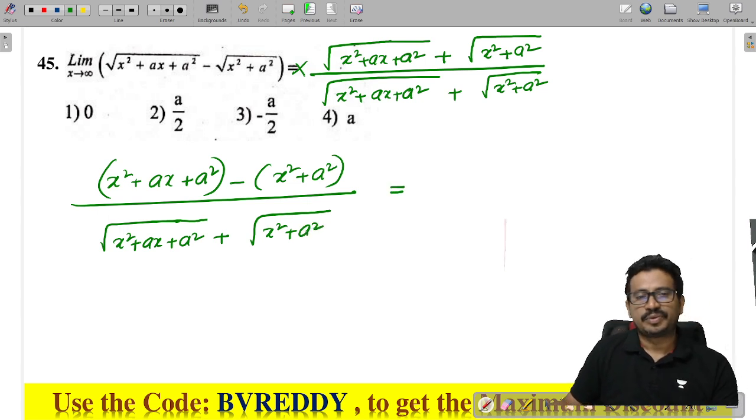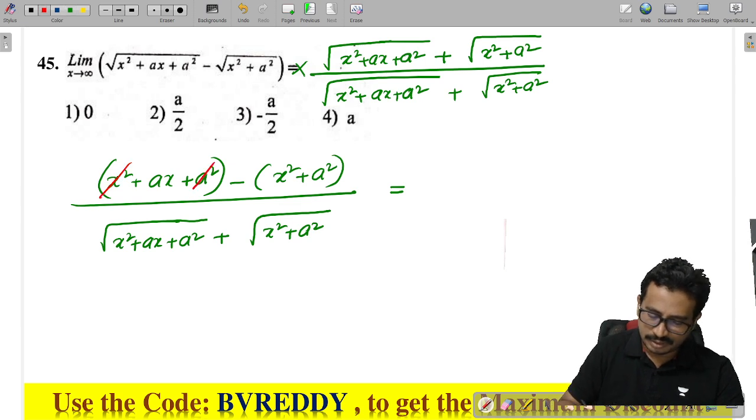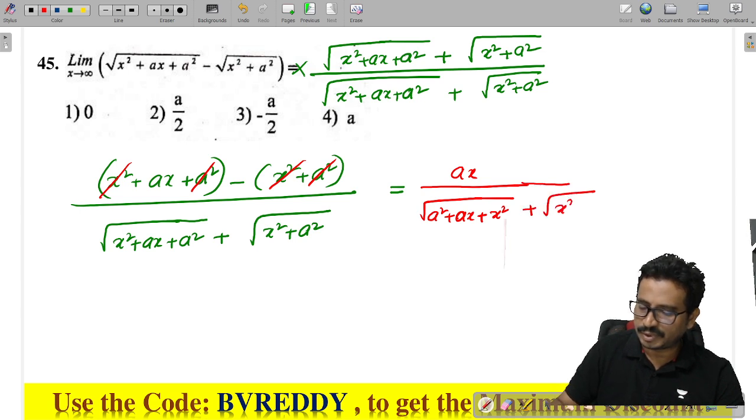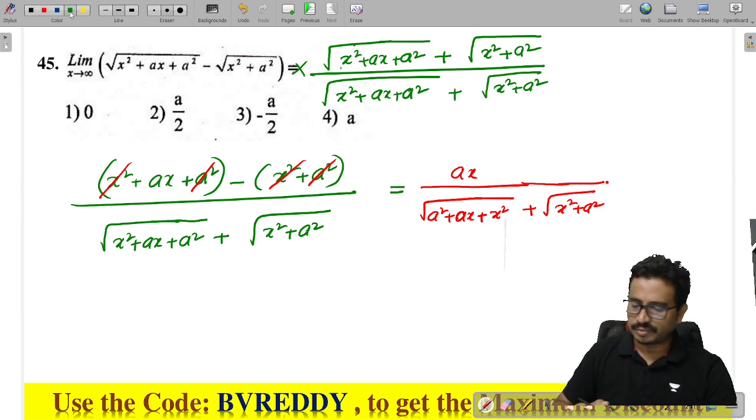Now tell me, x square and a square get cancelled. The numerator left is ax, by square root of a square plus ax plus x square plus square root of x square plus a square. Now limit x tends to infinity.